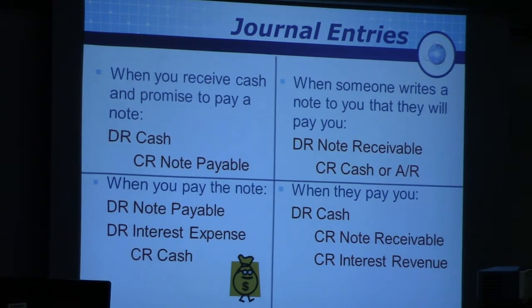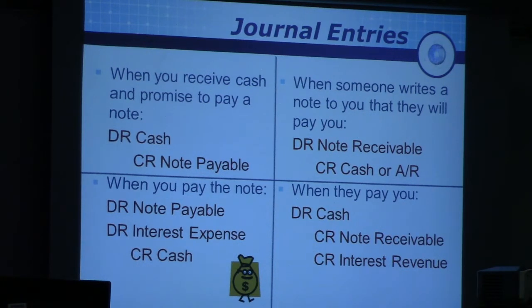And when you pay the note, it will be debit note payable, credit interest expense, my fault. Debit note payable, debit interest expense, credit cash, because you would have an interest expense attached to the note payable when you are paying. When you receive payment on the notes receivable from someone else, you would have interest revenue attached to it.